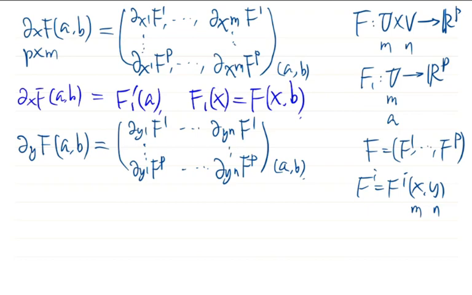Now, a natural question is, what's the relationship between the differentiability of capital F and the F1 and F2 we introduced here? Okay, the relationship between the differentiability of these maps. So we have this proposition.